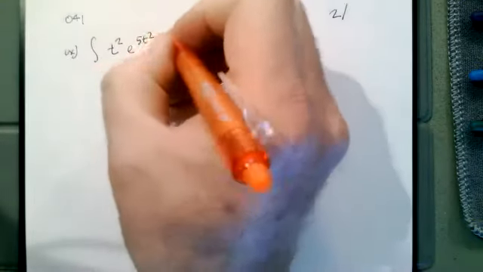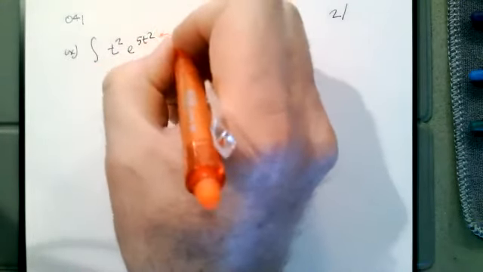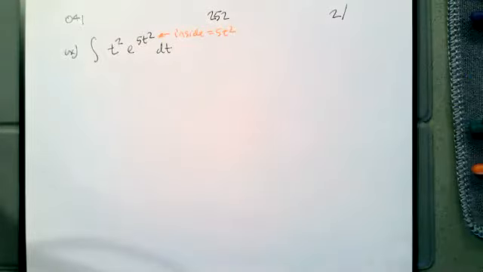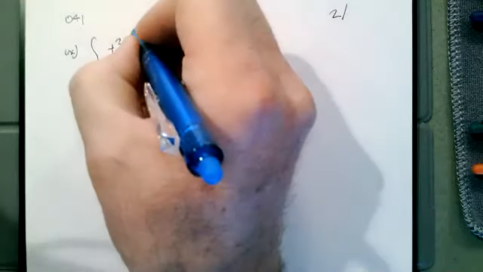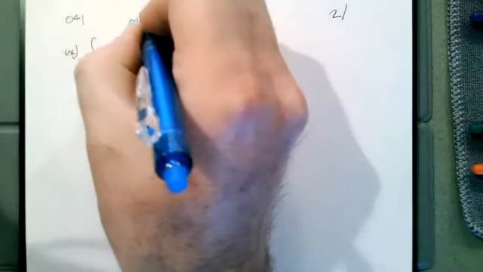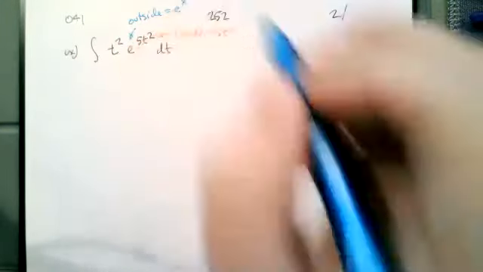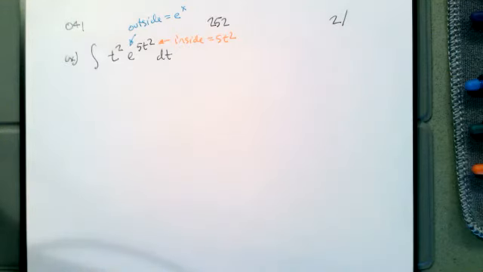Once again, the thinking is all still the same. We're saying the inside function is 5t squared. If the inside is 5t squared, that means the outside function, the thing that we're actually going to be integrating, is an e to the x function, or e to the t. We're going to be integrating e to the w. The name of the variable is not important.